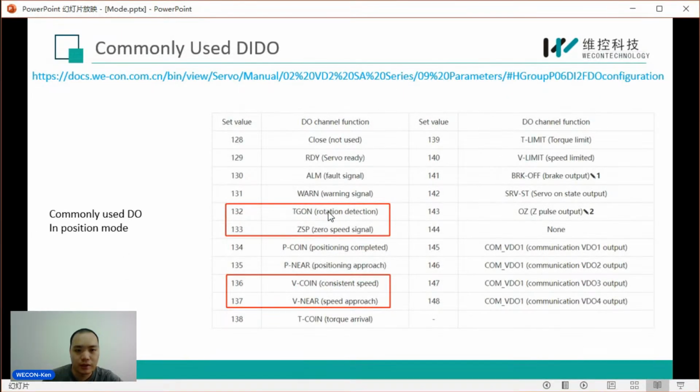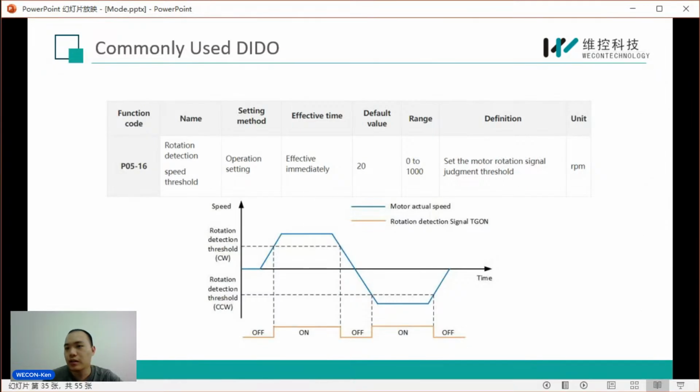As in the position mode above, these parameters, speed threshold.